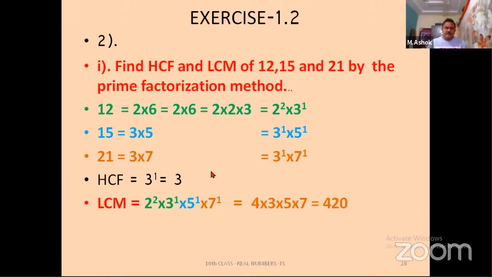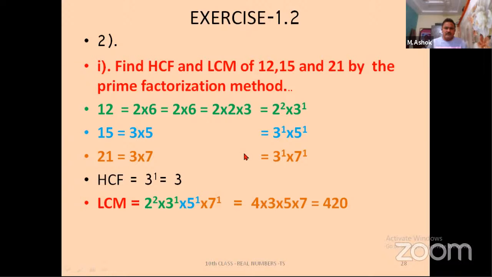So here the confusion is, in case of HCF, we take the smallest powers of each common prime factor. Remember one thing, common prime factor. But in case of LCM, don't look at the common prime factor. Any factor, we take only the greatest power.